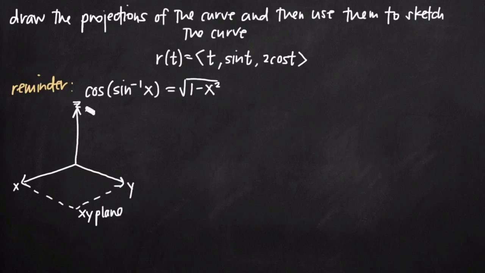I also have the yz coordinate plane here, and I have the xz coordinate plane here. When we say projections, we're talking about essentially the shadow of the graph onto each of these three coordinate planes.